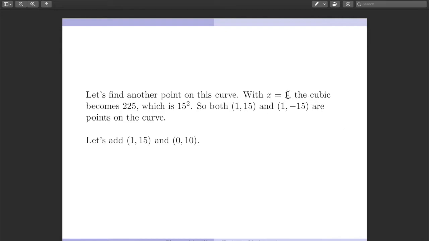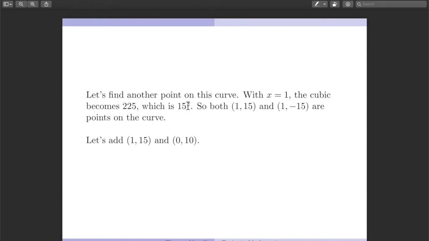So let me set x equal to 1. If x is equal to 1, I need to take 1 cubed plus 114 times 1 plus 100, and that'll be 225. I have, again, made this nice and simple. 225 is 15 squared.